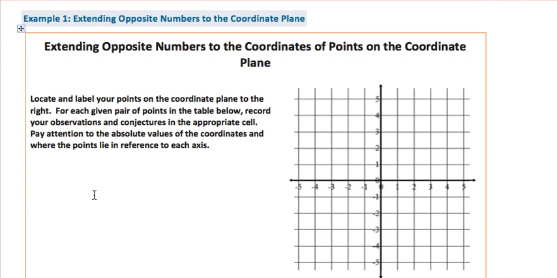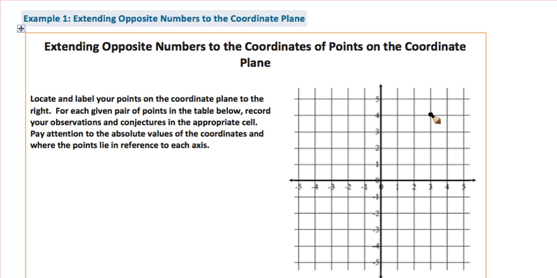So now we're going to extend our understanding of opposite numbers to the coordinate plane. We're going to start by locating and labeling 2 points on the coordinate plane. The first point is 3, 4. So across 3, up 4.